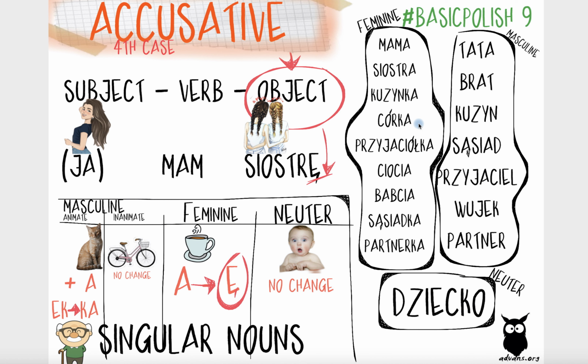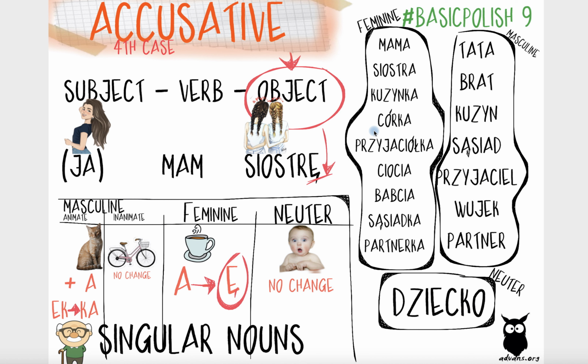Córka, another word. A lot of students say kurka. It's not kurka, it's córka. So be careful here if you want to say ku. It's córka. C as ts, and then we've got o with an accent, u. Córka, daughter.